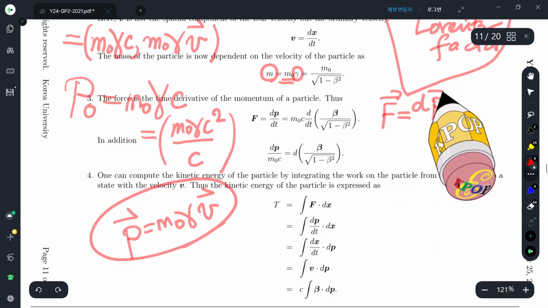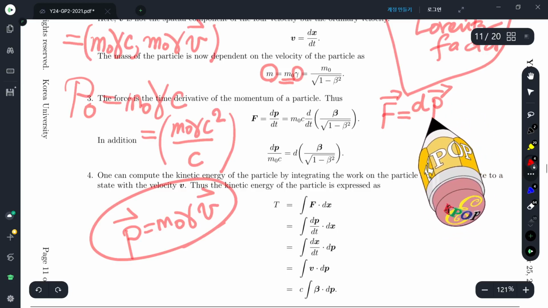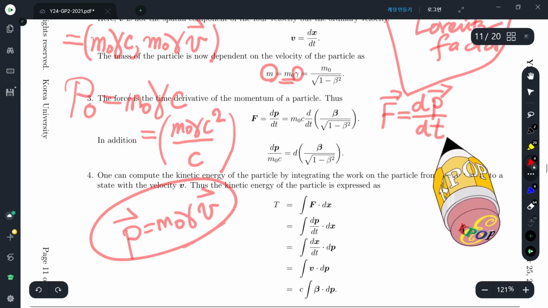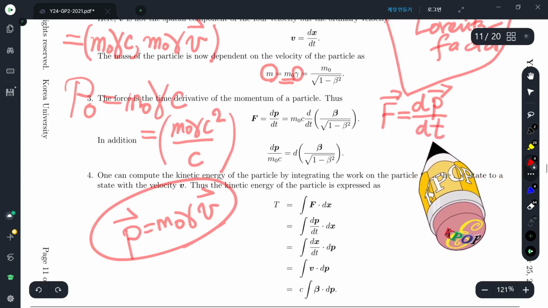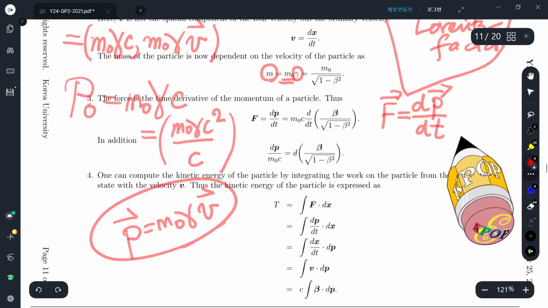So the three momentum, the spatial component of the four momentum, is differentiated with an ordinary time derivative. It's not the derivative with respect to the proper time. It's the derivative with respect to time in the ordinary sense.